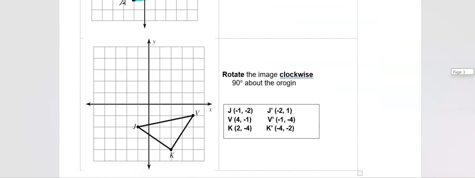So let's look down here at our image. So I wrote out all the letters, and I went and came up with a point. So our original point, which we have J, so we're over 1 in the x direction, -1, and we have to go down 2. So the point here is -1, -2.